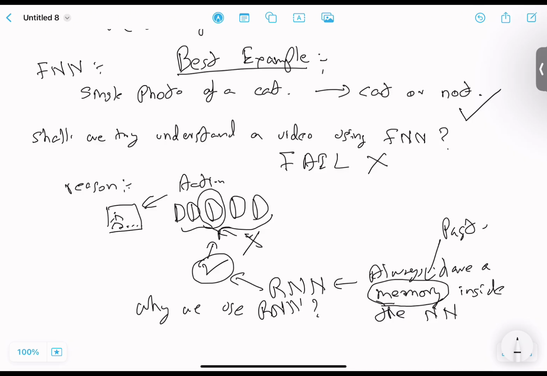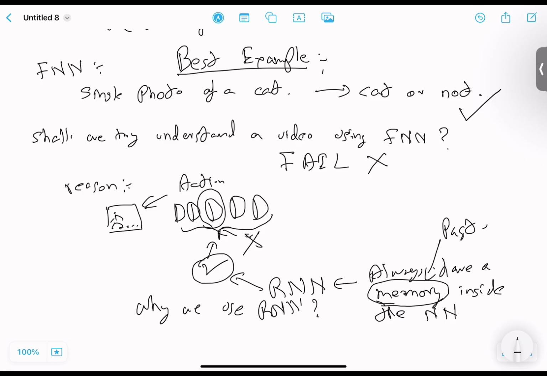Right. Okay. Now let's see how this recurrent neural network works in a very simple way.